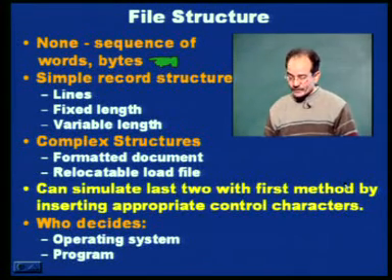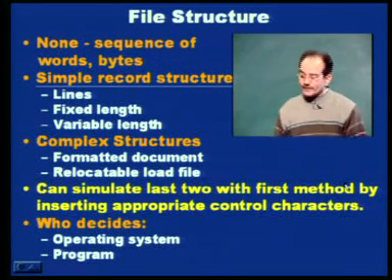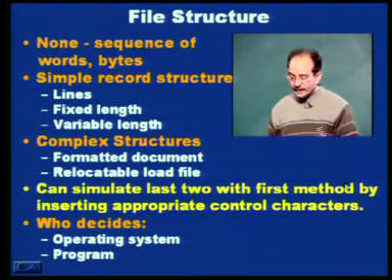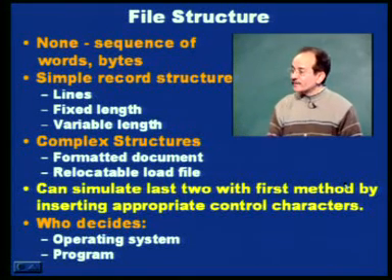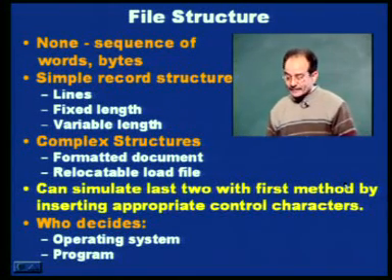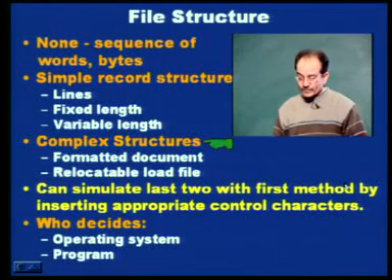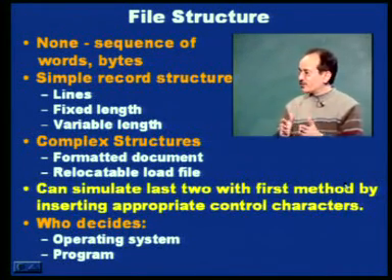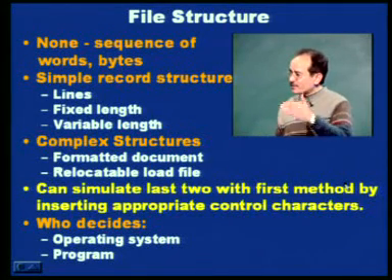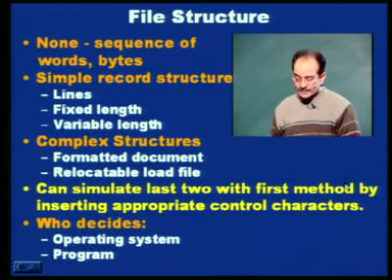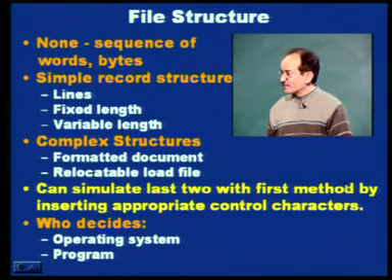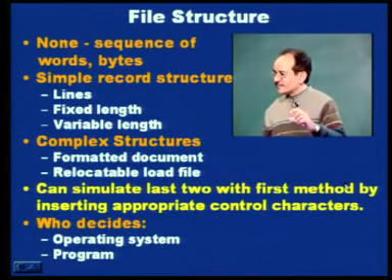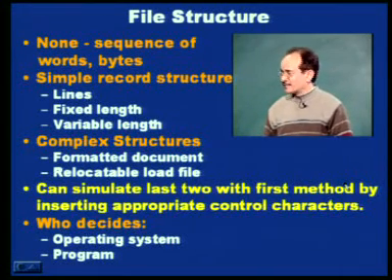Or it can be a simple record structure, where I have lines, or fixed length records, or variable length records. Or it can be some very complex structures, maybe formatted documents. Let us say my paragraph starts from this column and ends at this column, there is some sort of formatting for this text. Or relocatable load files, where there are certain instructions with certain addresses, and based on those addresses some sort of relocation takes place.